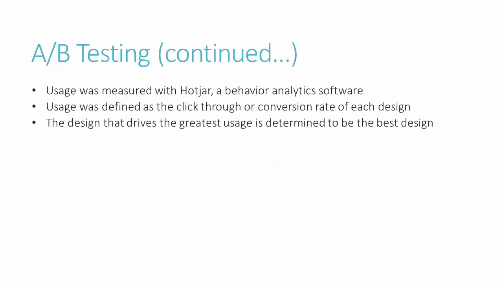The Fremont Library offered to test the alternative Find It button for a week. We installed a behavior analytics software called Hotjar that allowed us to not include patron search terms and isolate the analytics to users outside the library, so we didn't pick up staff searches that would skew results. The design that drove the greatest click-through rate would be determined as the best choice.